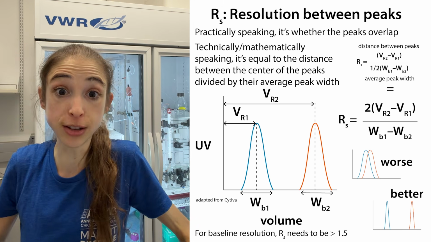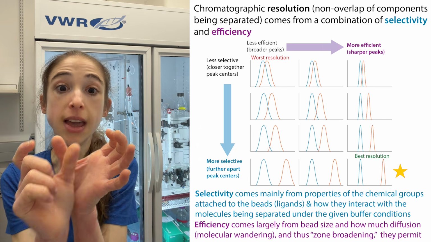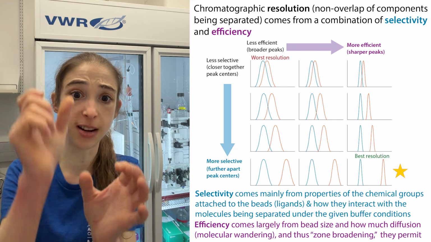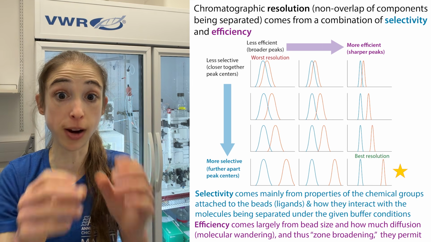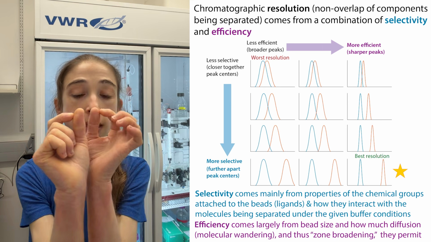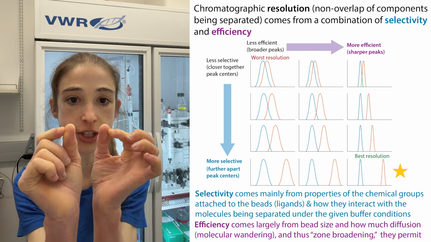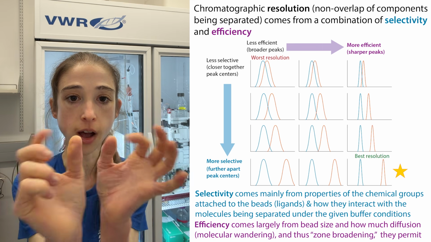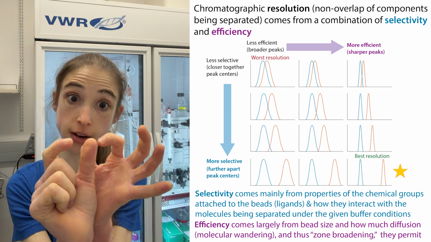That's resolution mathematically, but typically we just think about whether the peaks are overlapping. If they are, it's going to be hard to isolate one protein from the other. So we want good resolution, good separation, which comes down to the selectivity and the efficiency. Overall, that's going to give us the resolution or the lack of resolution.